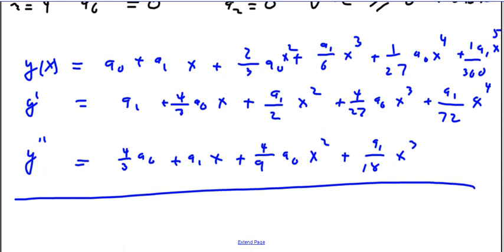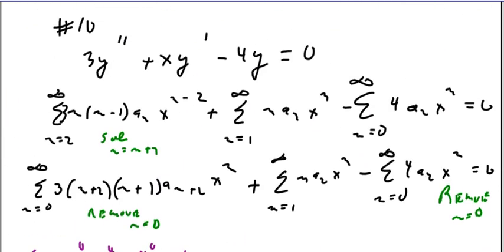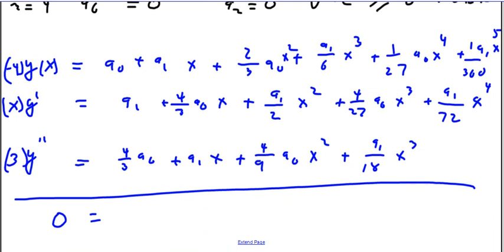And we need 3 of them and x of them and minus 4 of them, and when we get done, we want to have 0. Going back to the original problem on the top, yes, that's correct. Okay, I did that right.